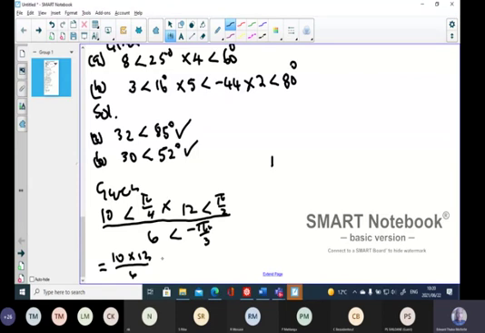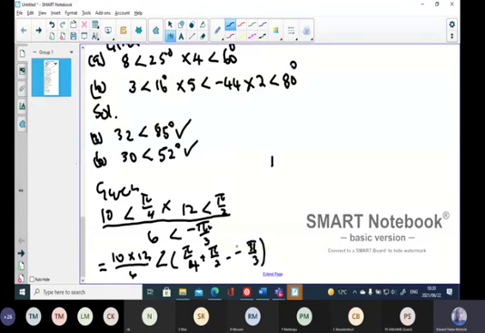Then you have the angle. What do you do to the angle? You have pi over 4 plus pi over 2 minus, in brackets, minus pi over 3.